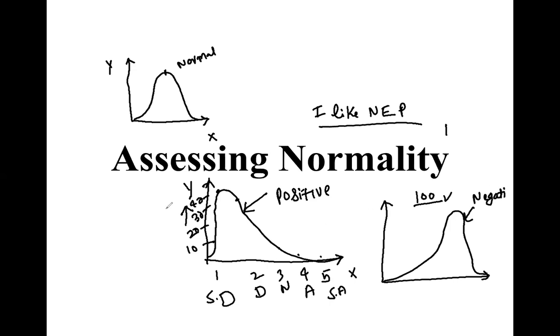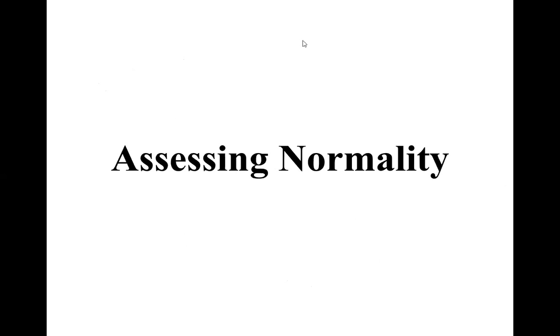For a parametric test, positive skewness is not desirable, only a distribution of data that looks like this is desirable. So through a graph we can assess the normality of the data.